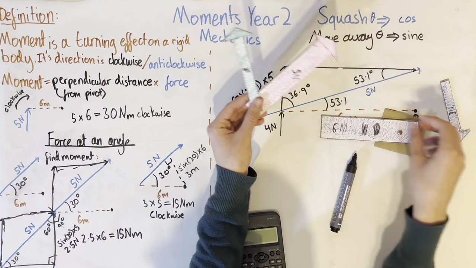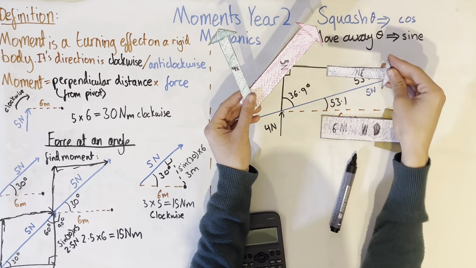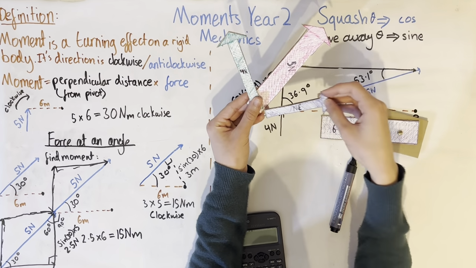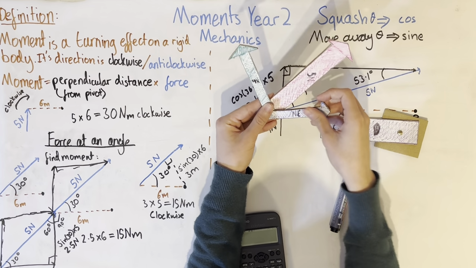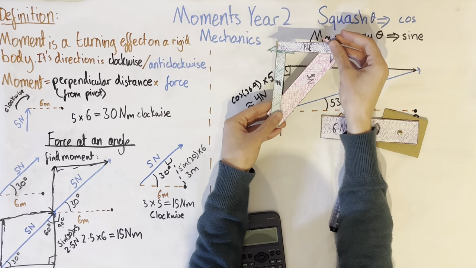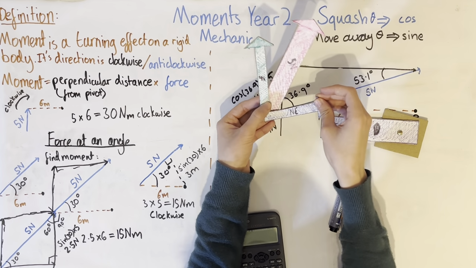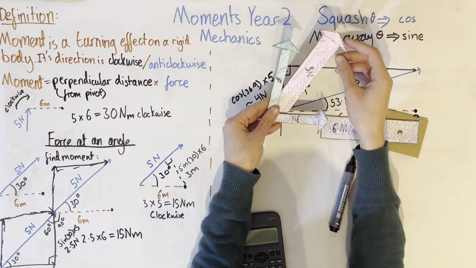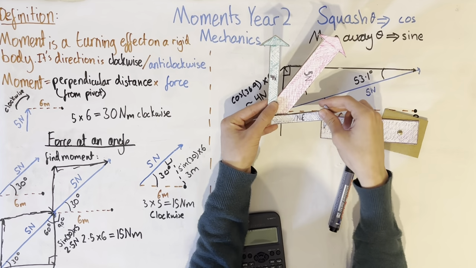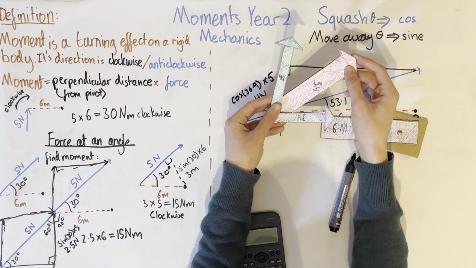Similarly, if you wanted to work out this other component, which usually you don't, if we model it like this, we can also put the 3 newtons here, because they're both acting in the same direction.